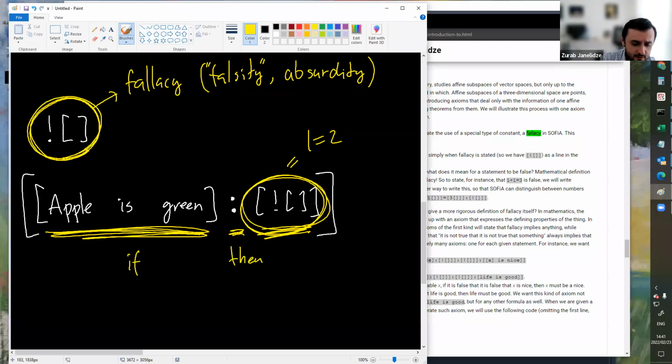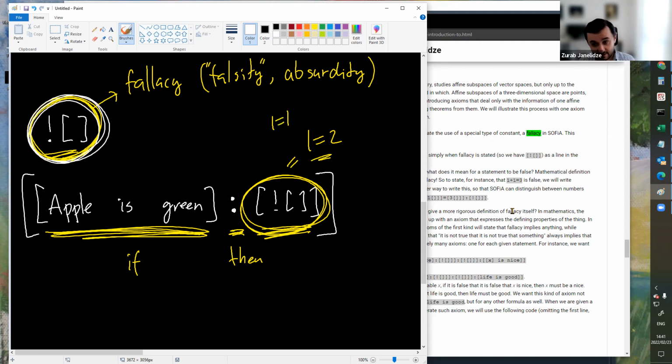But surely we can't just pretend that this thing is absurdity. I mean, if anything can be written here, even things like this, then why couldn't we write instead something of this kind? I mean, there must be some feature of this formula that will make it behave like falsity should behave.